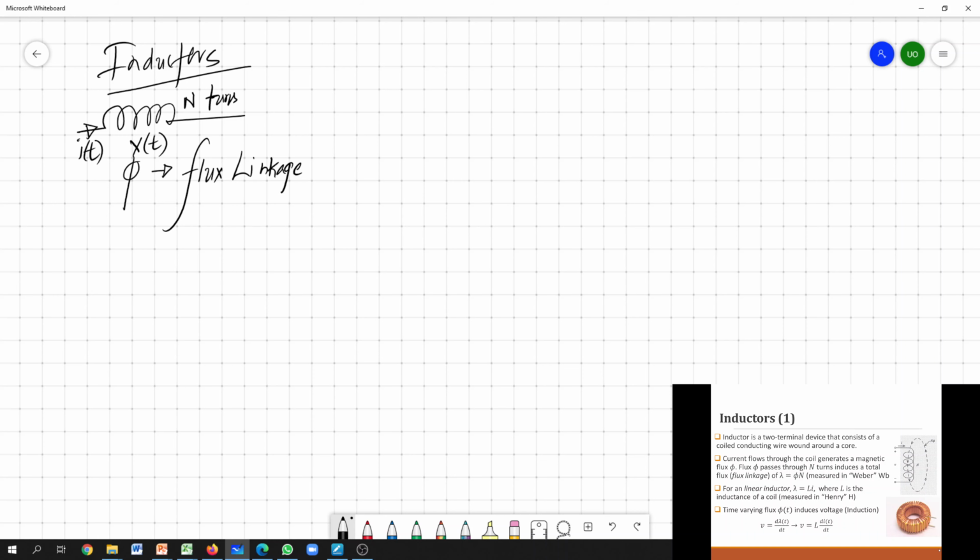The total flux is equal to the flux generated due to a coil times the number of turns.